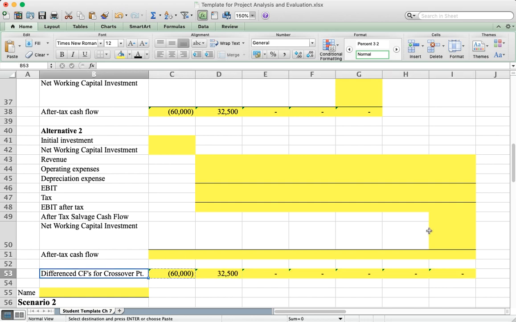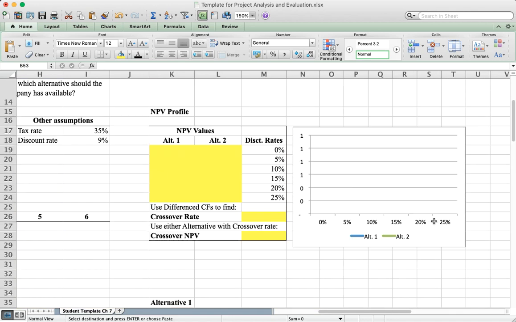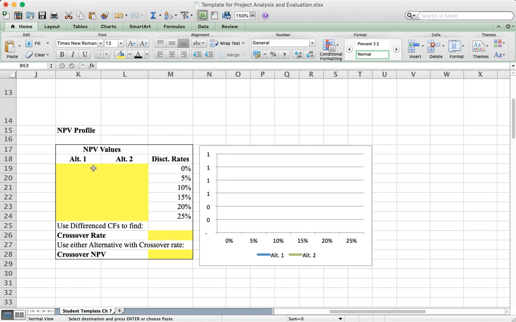But that's going to be the last thing. Now that is going to be located over here on the right. Over here, I will walk you through an example to help you understand what you're solving. You are basically solving for the net present value for each alternative at these specific discount rates, and then you're going to find the crossover point. I'm going to explain what that means.